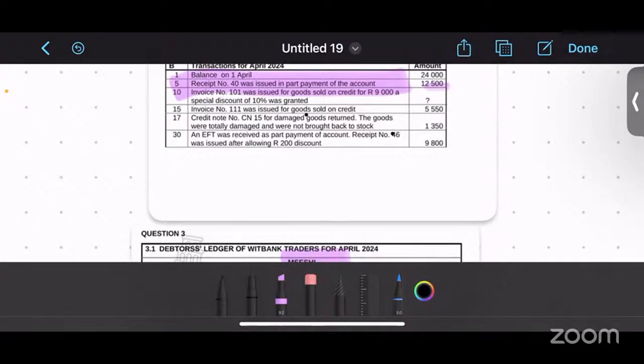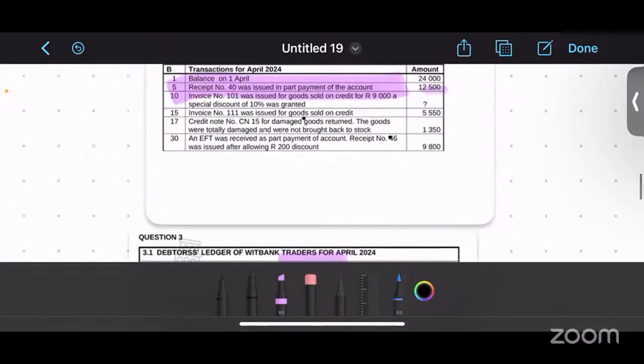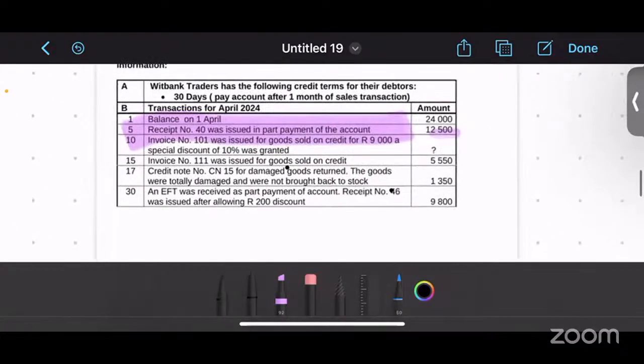And then you're going to add the amount that we got on the 5th with the one that we got on the 10th. This person, what? She wanted a 10% discount. 900. Ma'am, it's 8,100.